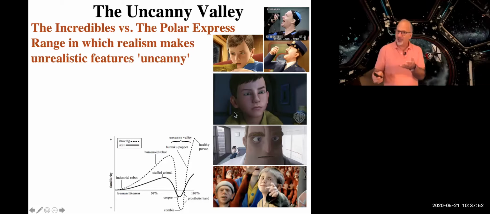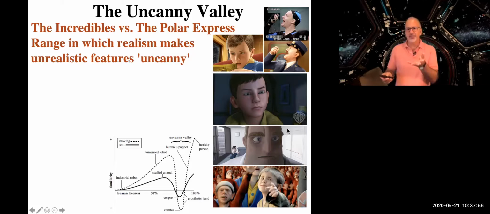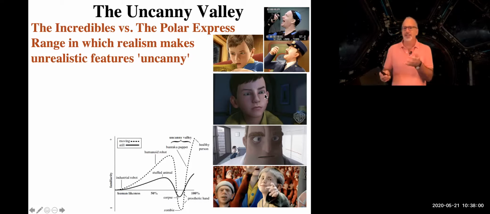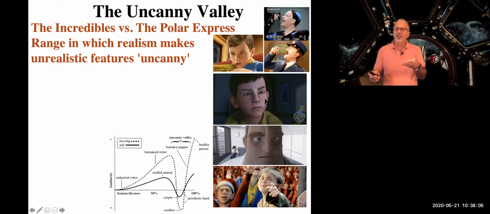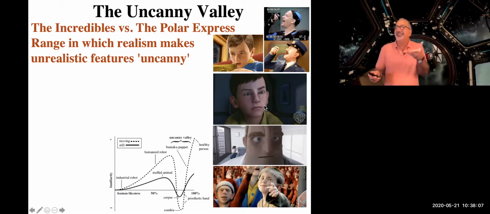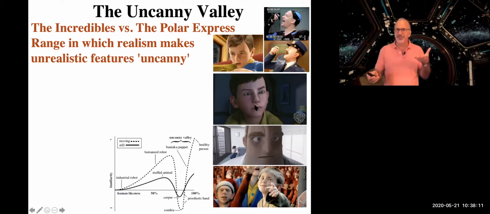The eyes all of a sudden appear scary. Okay, it probably would be the same way if I just switched Mr. Incredible's eyes with this guy's eyes. But the more realistic they tried to make the face, the more you notice things that are deviating from a true human face, and it makes it seem scary. Okay, that's the idea of the Uncanny Valley.